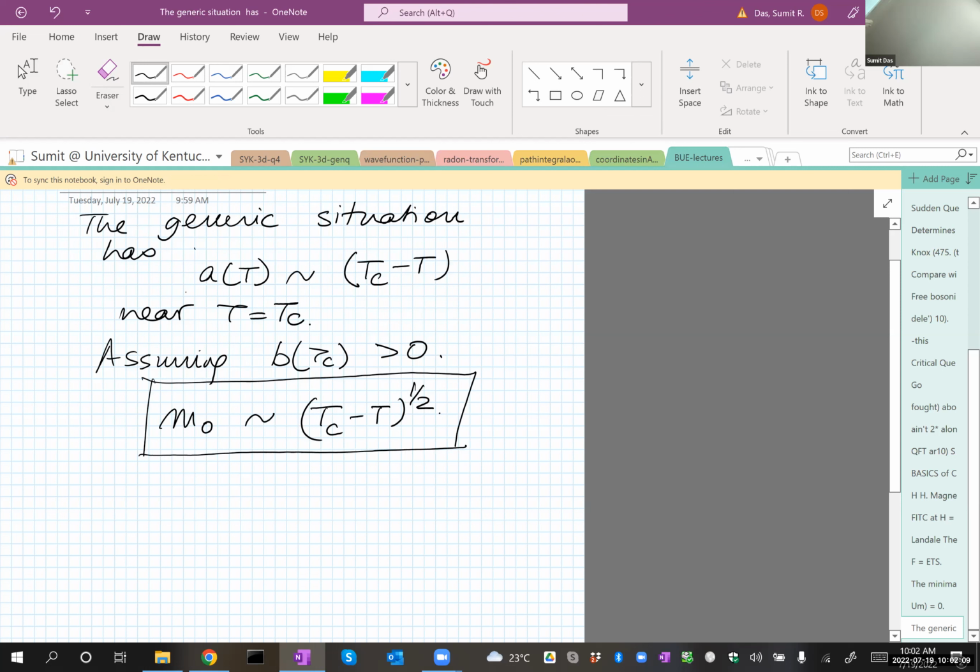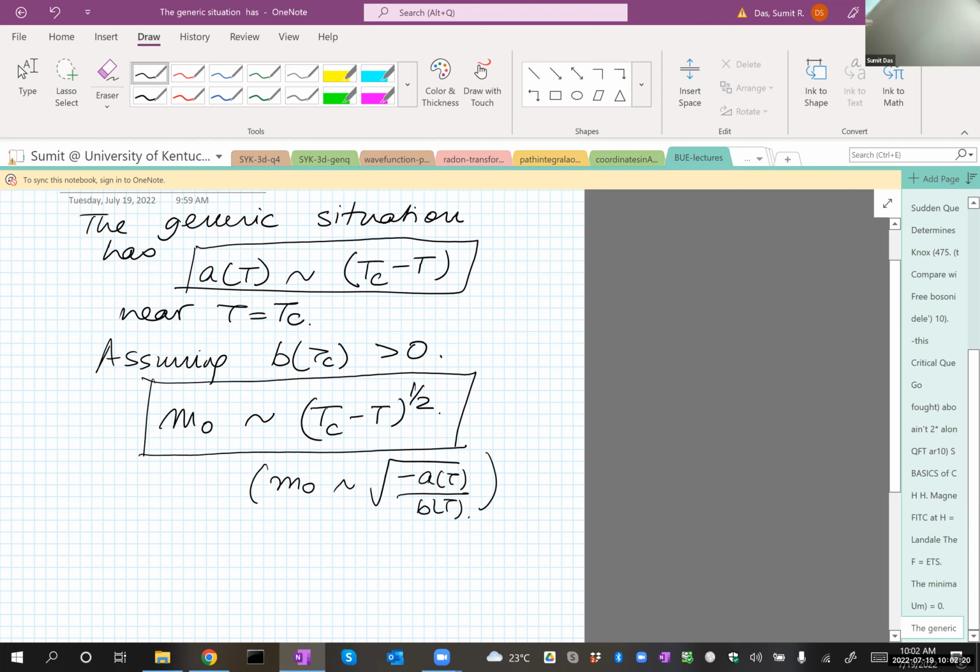Because A of T goes like that, and M0 goes as square root of A of T by lambda of T. This is lambda, right? Yes, please. Say that again, please. This is lambda, not B, right? Oh, sorry. Lambda of Tc. You're right. Thank you. Okay.